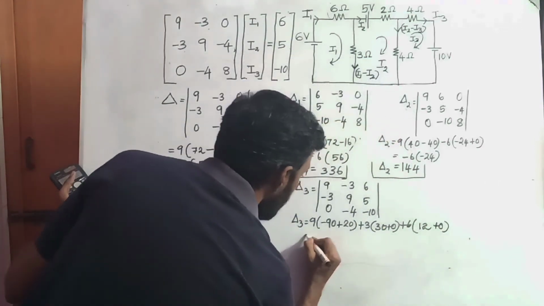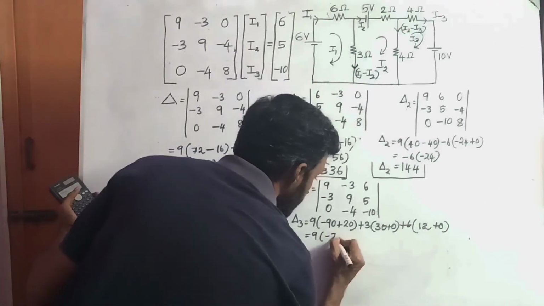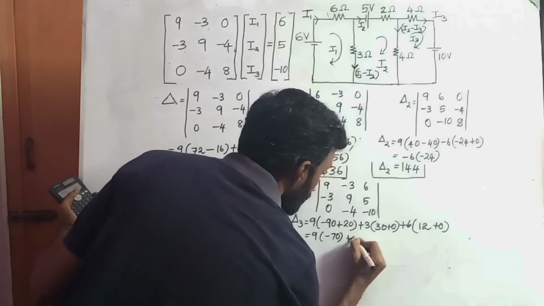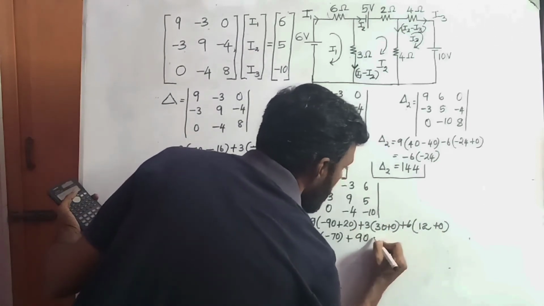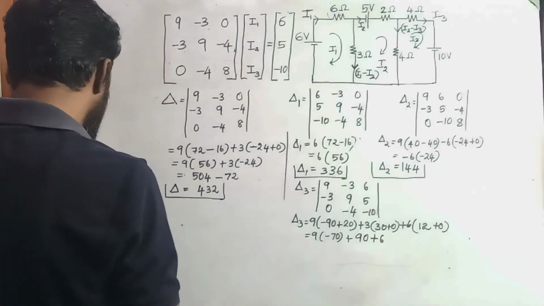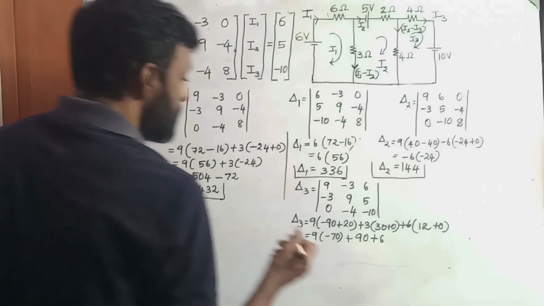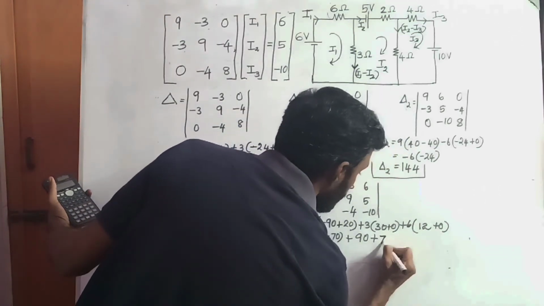So 9 into minus 70, plus 3 into 30 which is 90, plus 6 into 12, which is 72.